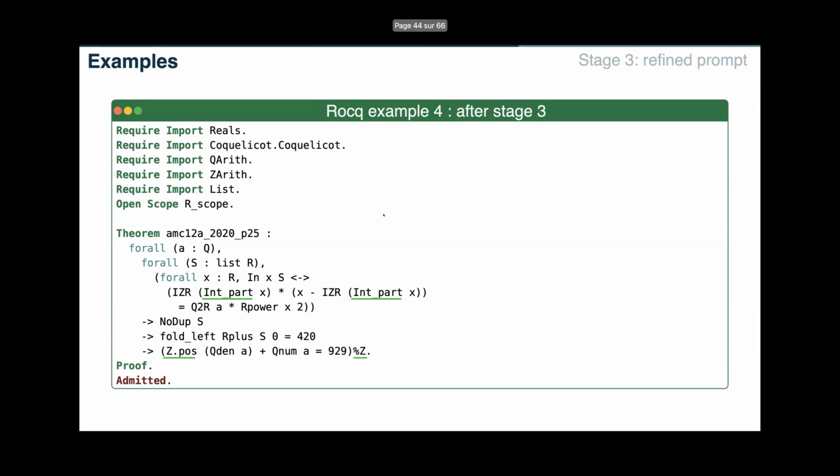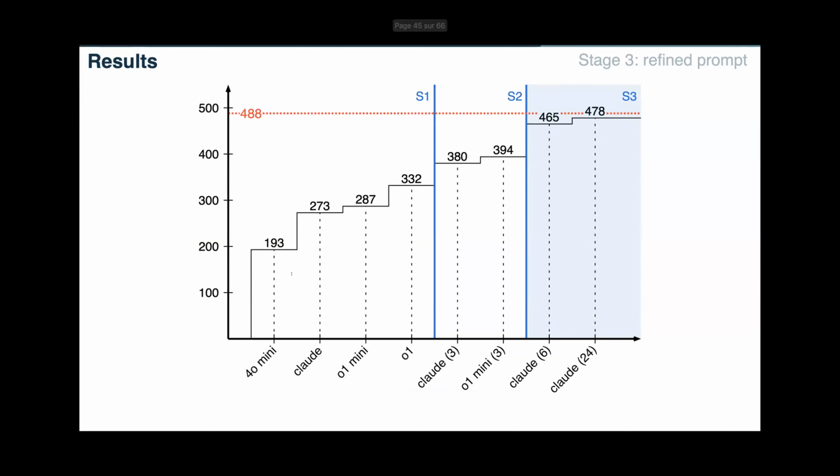Same for the floor function: it used the Int_part function correctly. At the end of stage 3, we ended up translating 478 theorems out of the 488, which is 98% translation. We stopped here and translated the last 10 theorems by hand.